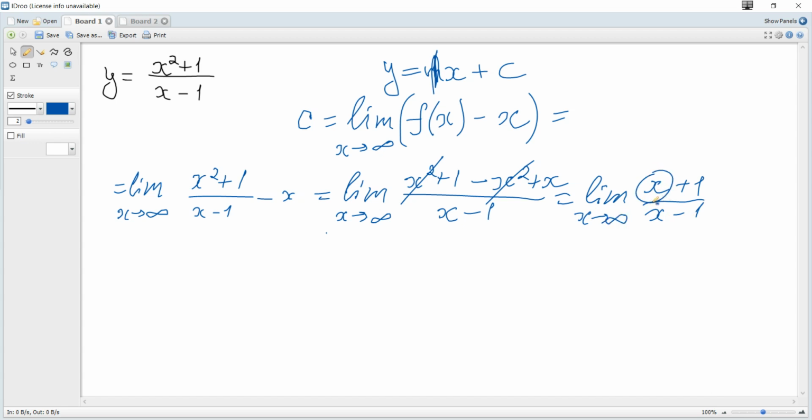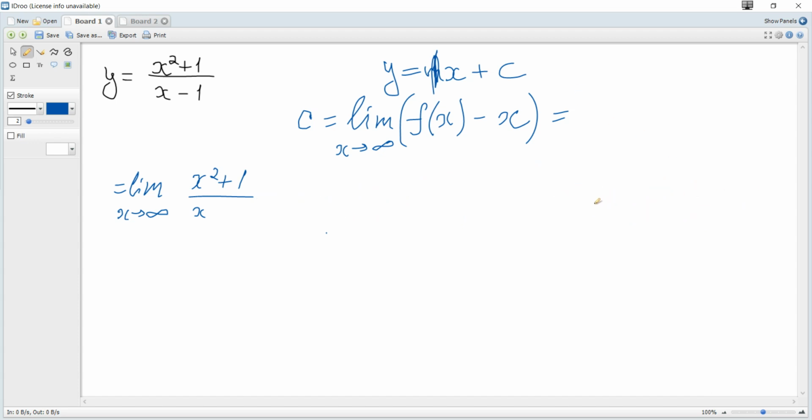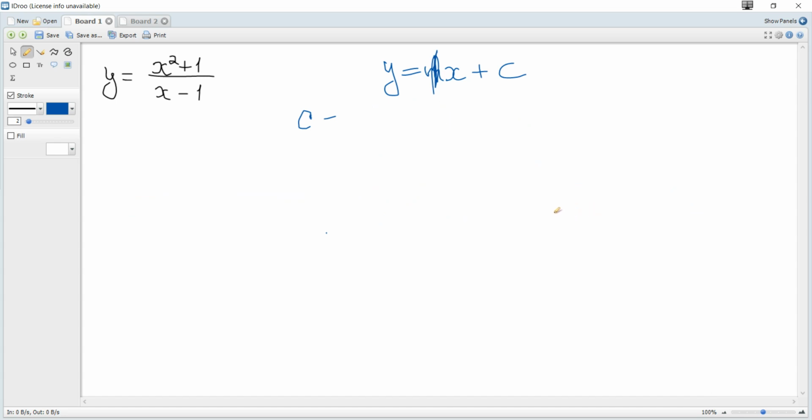Again, the greatest powers are the same, so the limit exists and is equal to just 1 over 1, which is 1, hence c is 1. So the required equation of a slant or oblique asymptote is 1x plus 1, or just x plus 1.